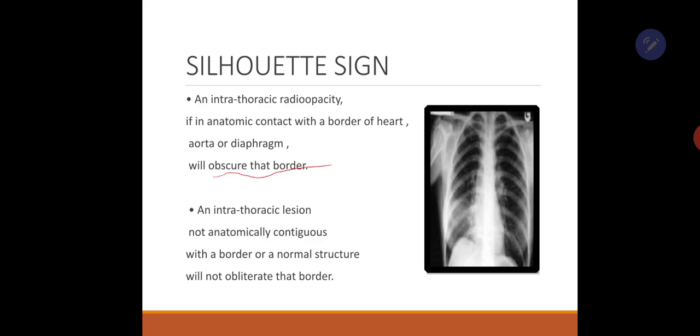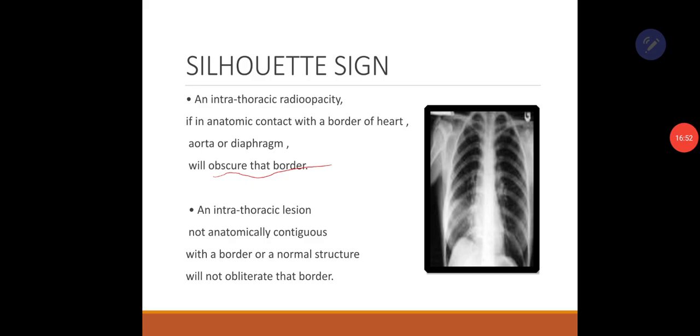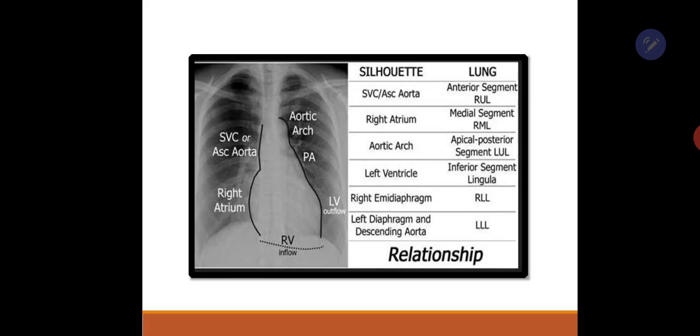That means the shape of that border will be changing. An intrathoracic lesion not anatomically continuous with a normal border or normal structure will not obliterate that border.